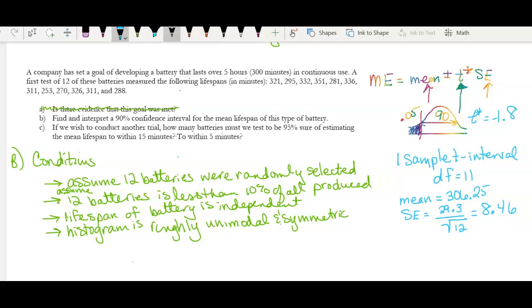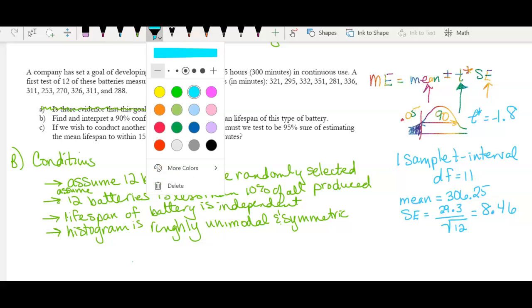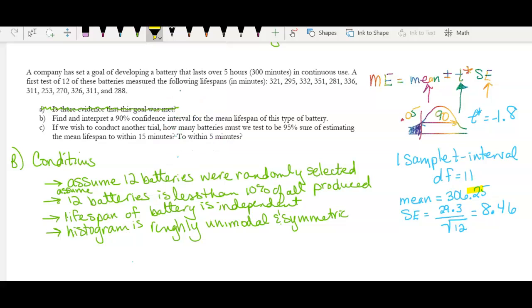Okay, so now let's highlight a different color. Let's take our information. We need our mean, we need our t, and we need our standard error. And we're going to plug it in. So it'll be 306.25 plus or minus negative, well, you could say negative 1.8, but a plus or minus is going to make the negative go away. So 1.8 times 8.46.